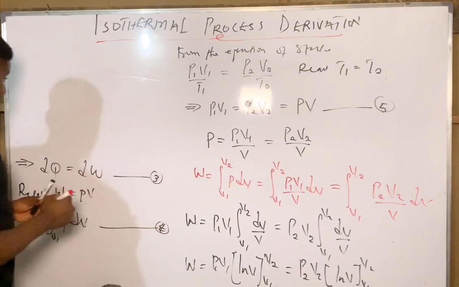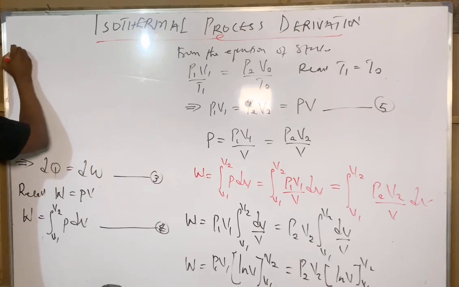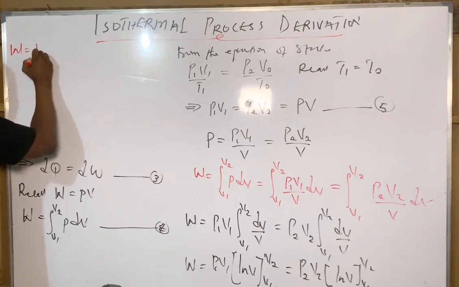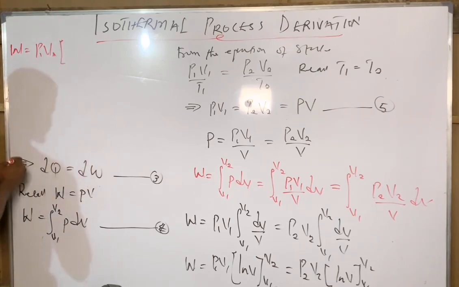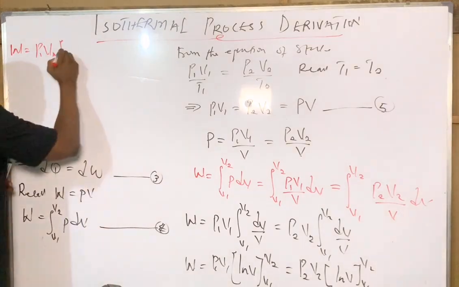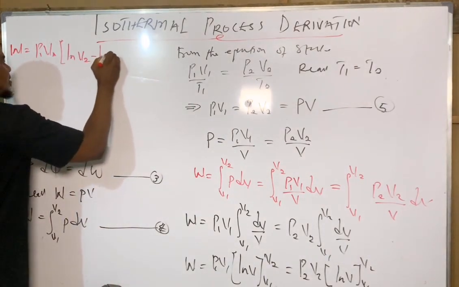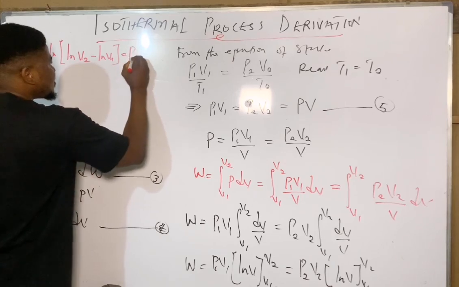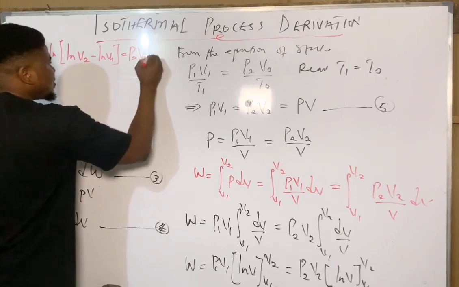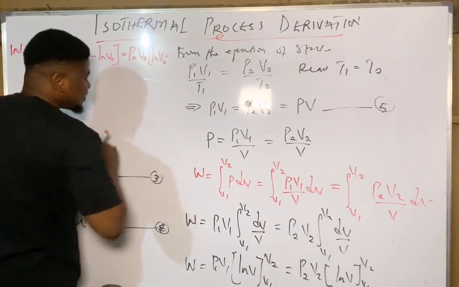Work done is equal to P1 V1 into, remember, upper limit minus lower limit, so that becomes ln V2 minus ln V1, same as P2 V2 times ln V2 minus ln V1.